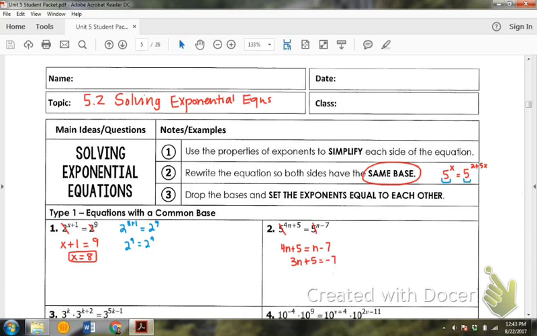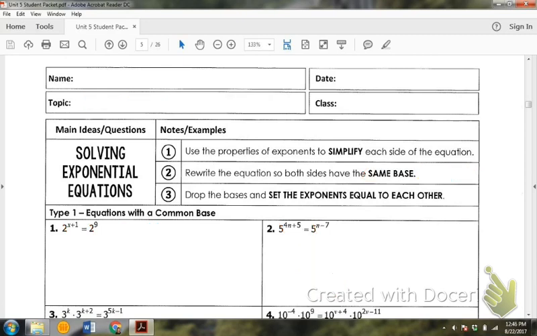If I subtract 5, that gives me negative 12. And then I get n is negative 4. You okay so far? This is super easy.